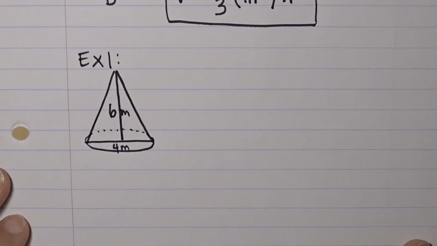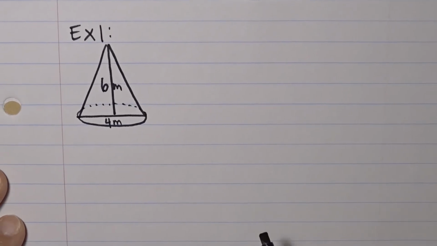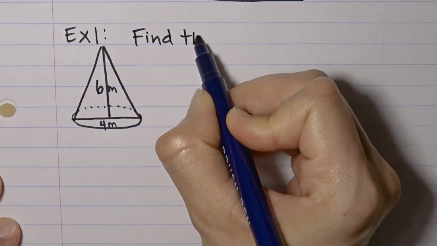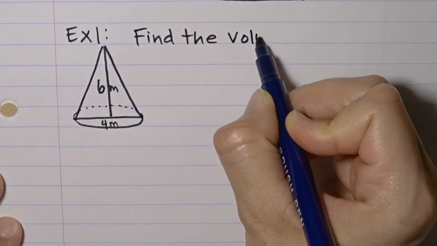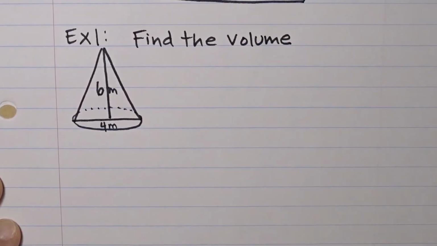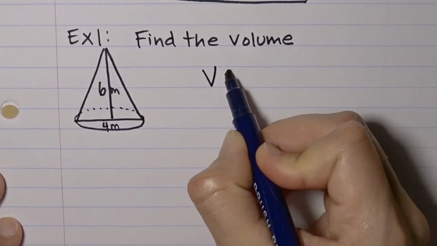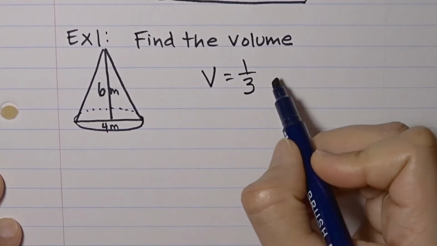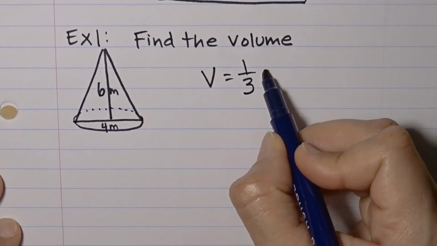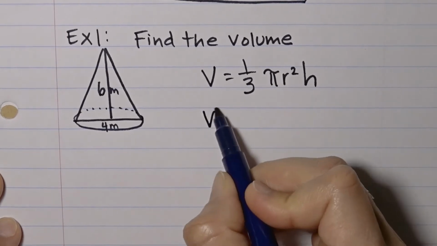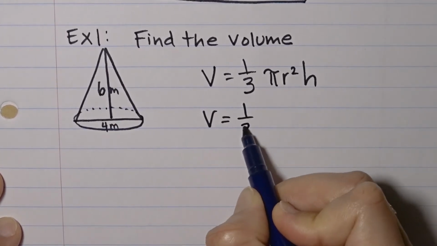Okay, and we want to find the volume. Now to find the volume, we're going to use the formula 1/3 the base, which we know is a circular shape, so it's pi r squared, times height. So the volume is going to equal 1/3.